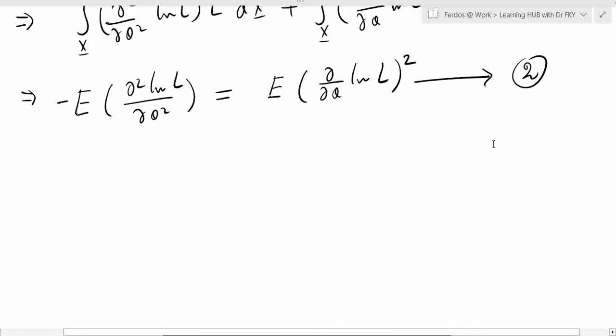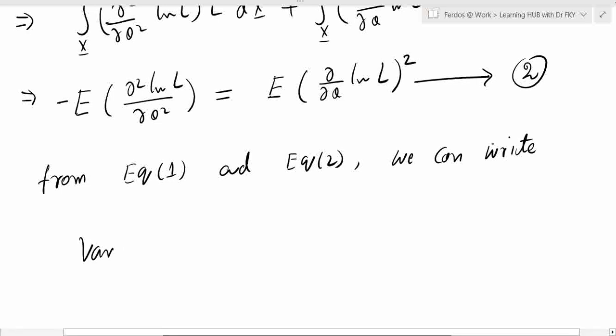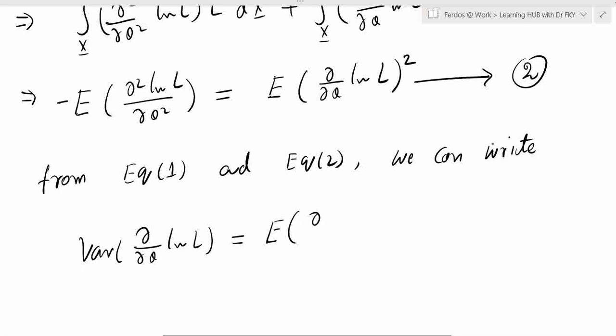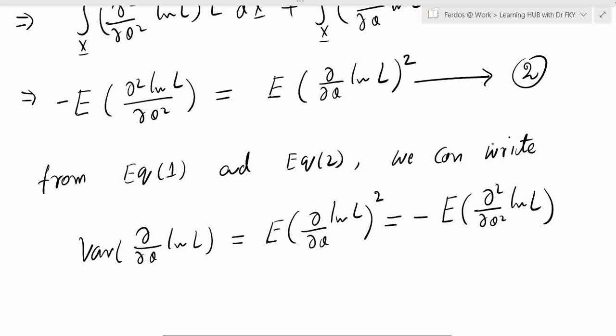So from equation 1 and equation 2 we can write that the variance of this quantity is equal to the expected value of this, squared, which is equal to minus the expected value of this quantity, and this is the proof. So this was required.